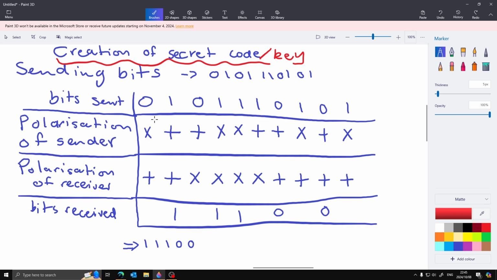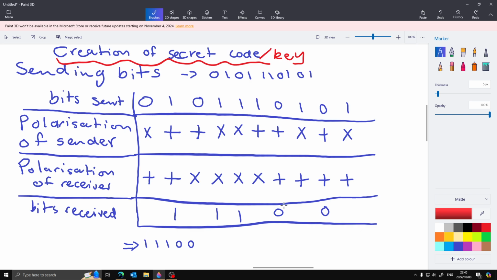Here, if polarization is not the same, no information. If polarization is the same, information. So here polarization is not the same, therefore we receive nothing. Polarization is the same, we receive something. You can see these are all ones, but even with zeros it's the same.